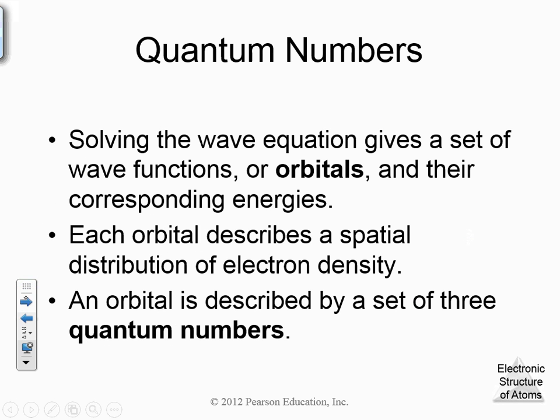Now, remember, solving the wave equation gives us a set of wave functions or orbitals and their corresponding energies. Now, remember, orbitals is the most likely region where the electron is going to be. Orbitals last year also were S, P, D, and F. And remember that sheet from section 1 that I showed you, same thing applies here.